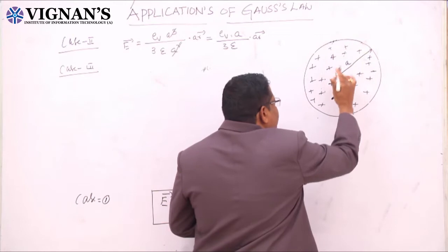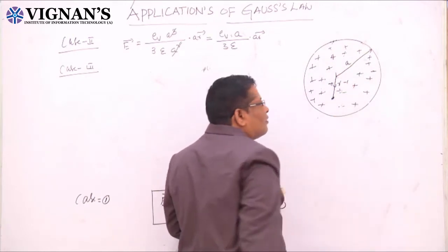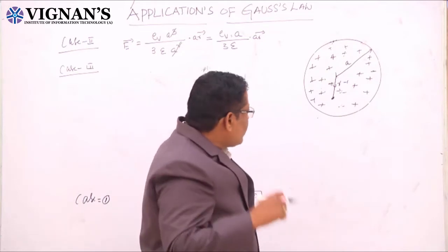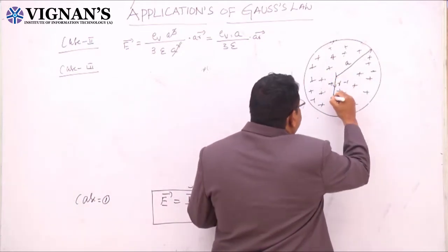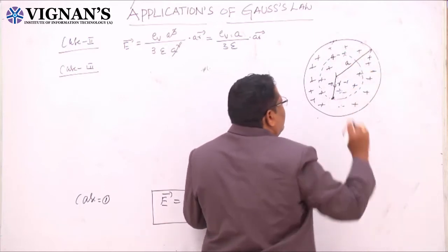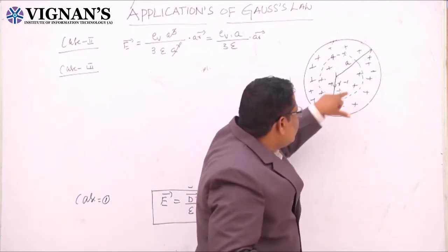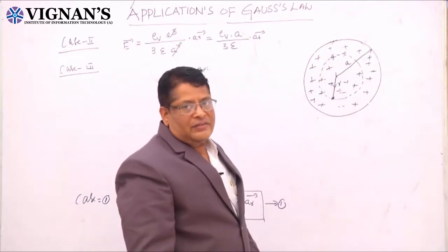R is defined as this distance R. Now you take a Gaussian surface which is exactly passing through with the radius R. This dotted circular ring is nothing but the Gaussian surface.